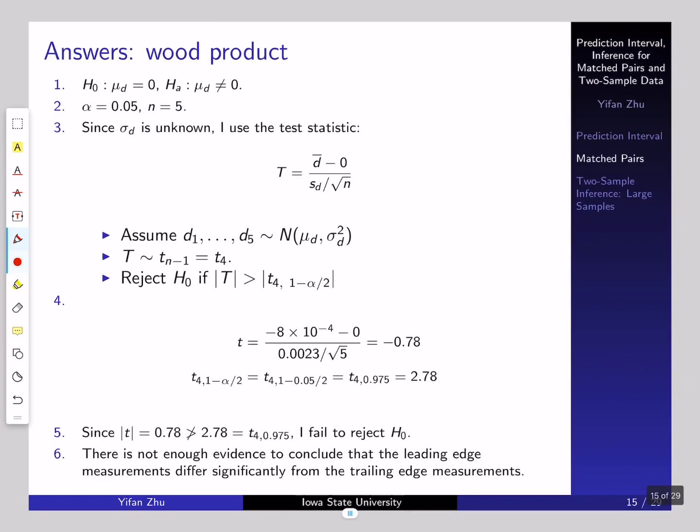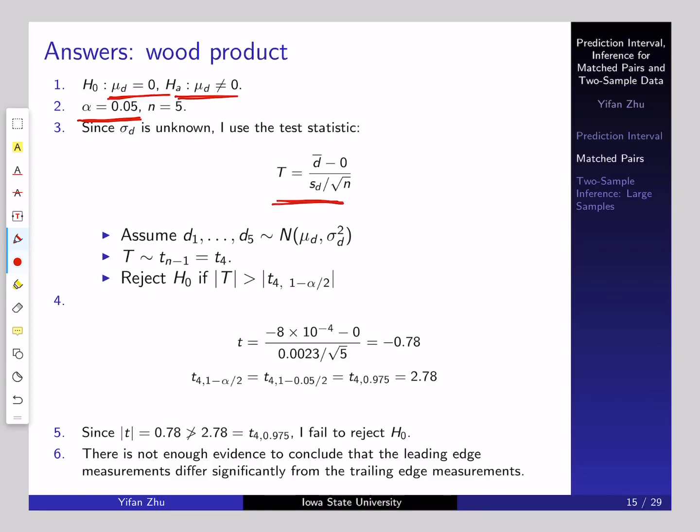Then we do the hypothesis testing. The null hypothesis is mu d is equal to 0, no difference. The alternative is mu d is not equal to 0, we have some difference. The significance level alpha is set to be 0.01. This is the test statistic.